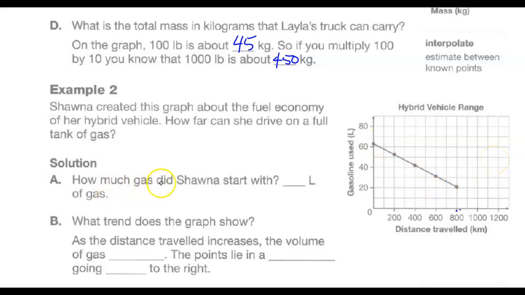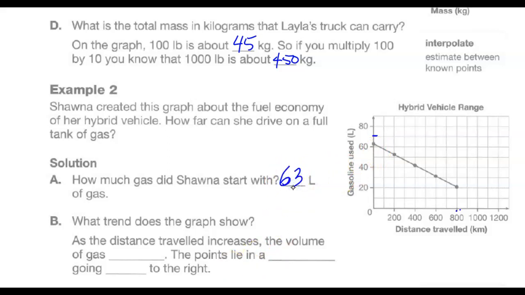Okay, so how much gas did Shauna start with? As I said, I would probably estimate that at about 60. Let's see, this is 70, right? Yeah, so I'd say 62 or 63. Let's say 63.